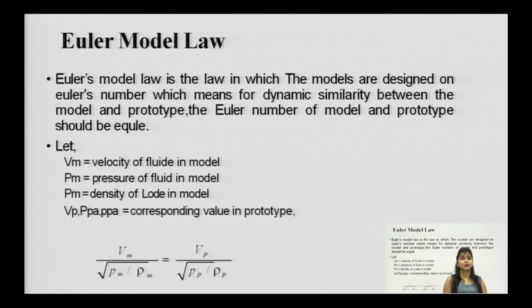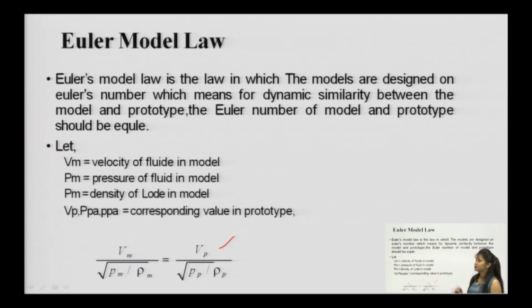Coming to Euler's model law, again all these laws are nothing but that particular dimensionless number should be equal in case of models and in case of prototype. We have already studied Euler's number: it is the ratio of velocity by the square root of pressure divided by density.